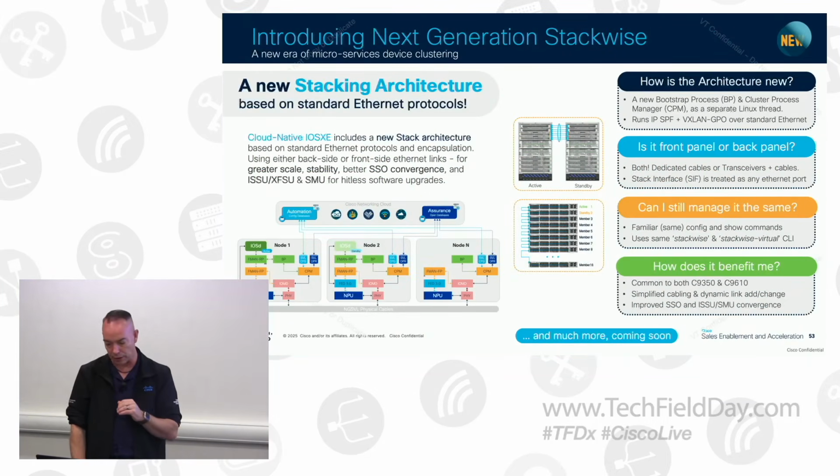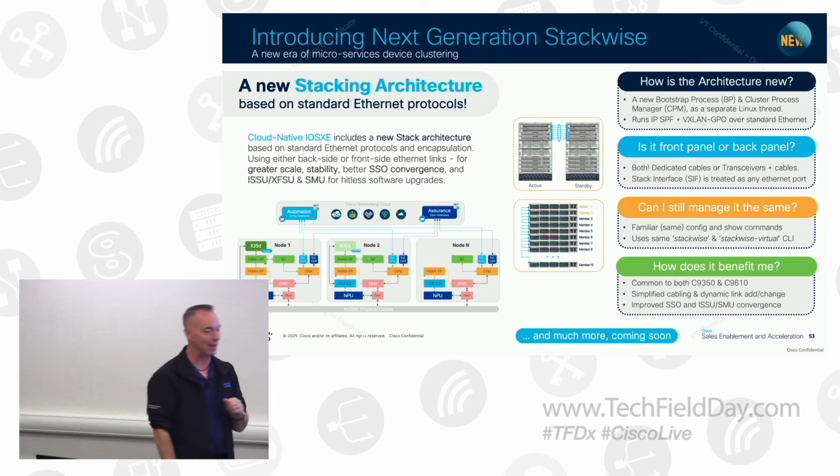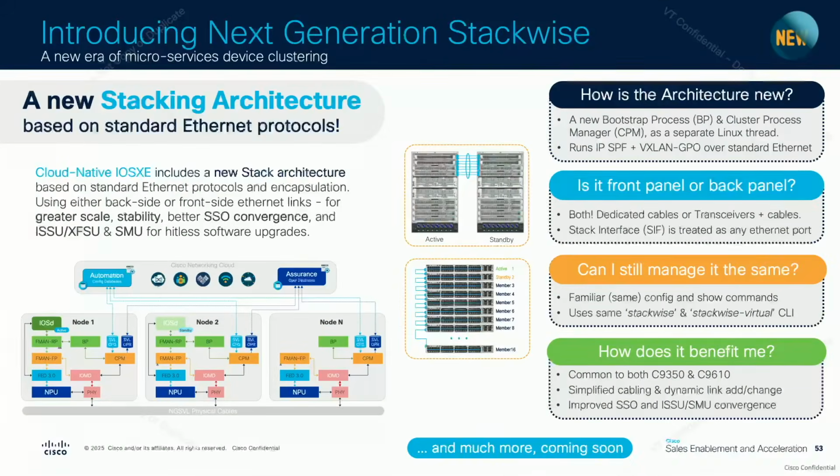So, I had touched on the stacking, so I was sort of preempting the slides because of time. But questions like, what was new? It's this, I said, the cluster manager and Bootstrap process. But what does it mean for me, right? So it's still going to be presented to you as the exact same commands that you have, right? And then it's going to be the benefits from software upgrades. And Kenny was talking about dynamically adding links.